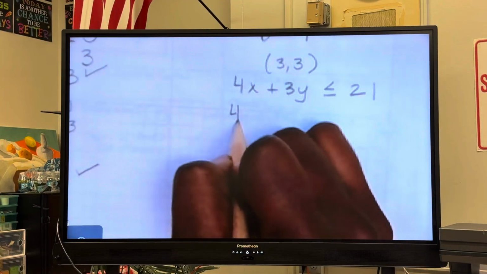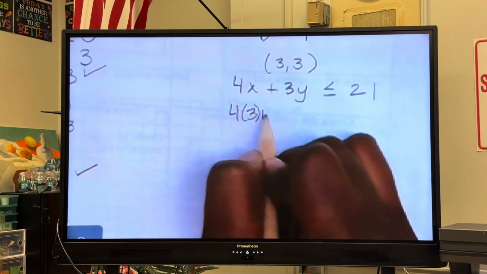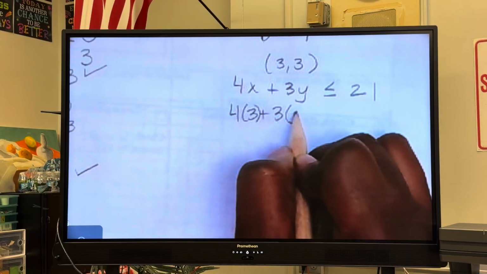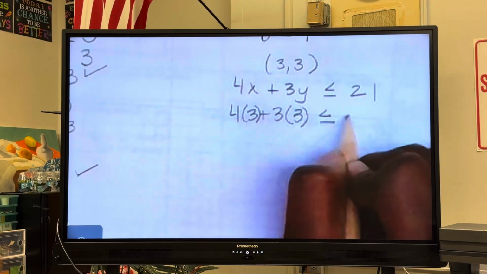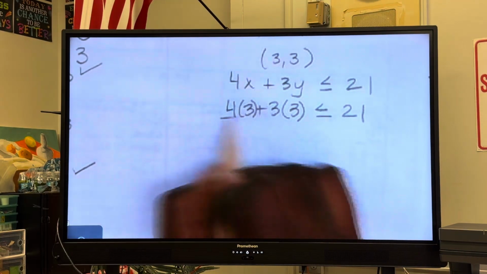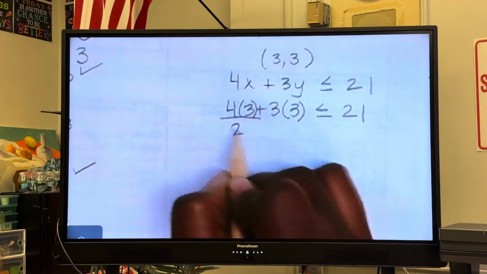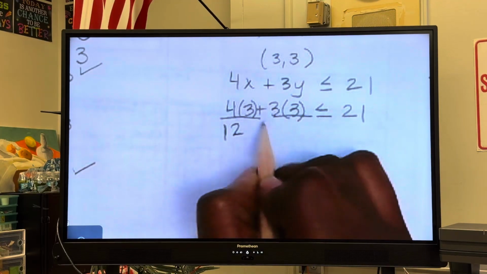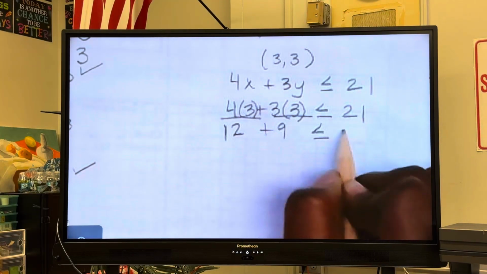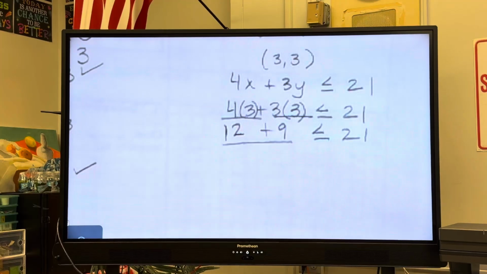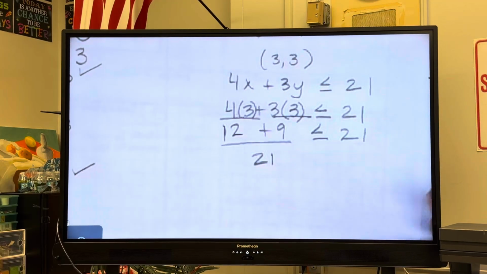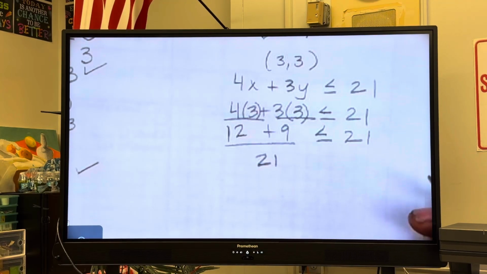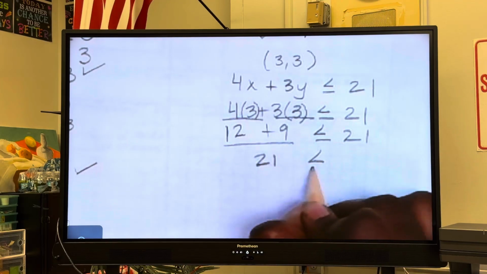4 times 3 plus 3 times 3 is less than or equal to 21. 4 times 3? 12. 3 times 3? 9. Less than or equal to what? 21. What's 12 plus 9? I don't know, Miss Stampley. 21 is less than or equal to 21.